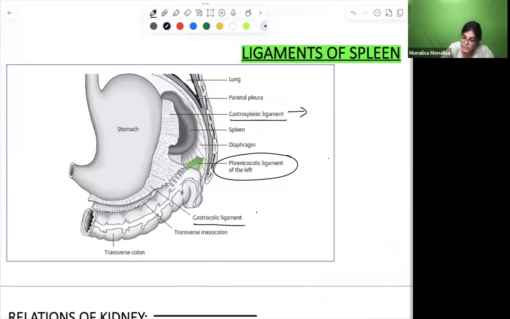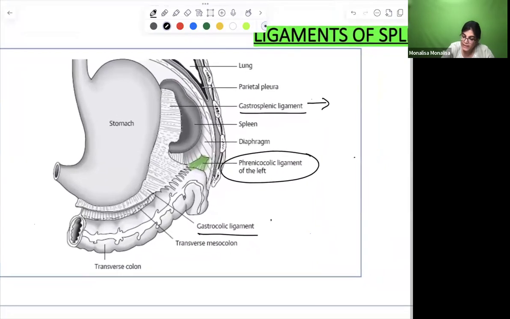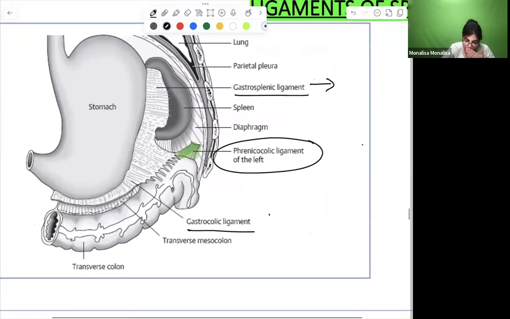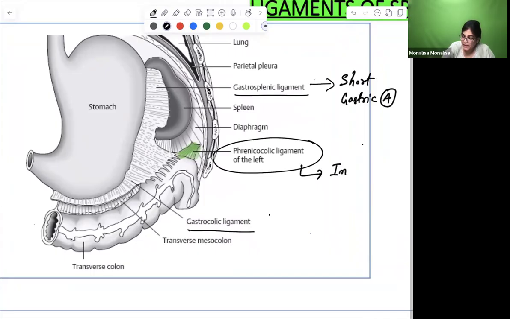So what does the gastrosplenic ligament contain? Gastrosplenic ligament contains short gastric arteries. Phrenicocolic ligament is giving indirect support to the spleen.